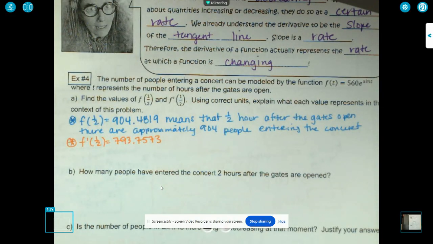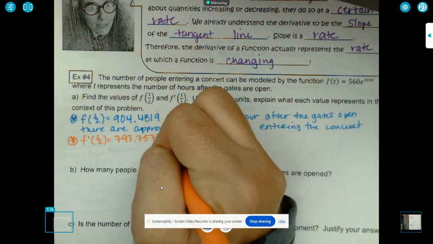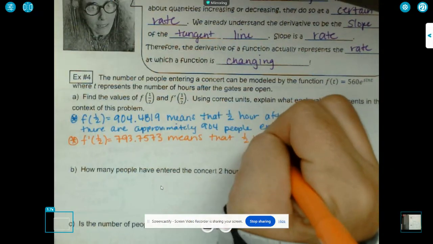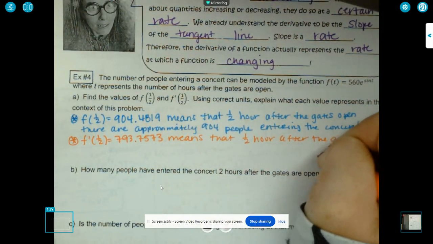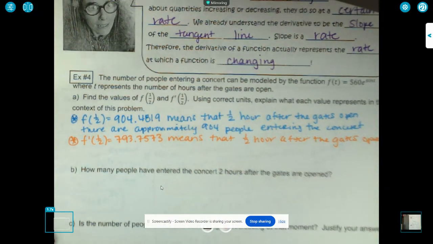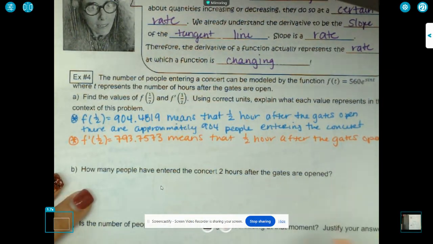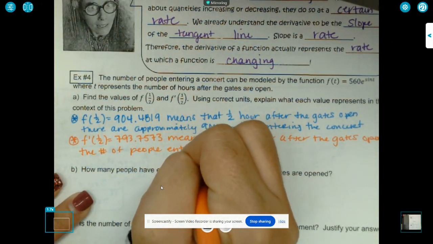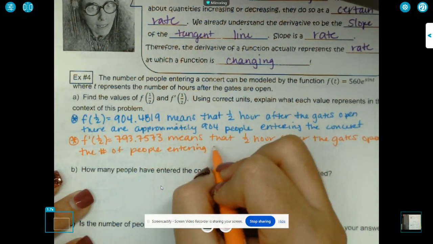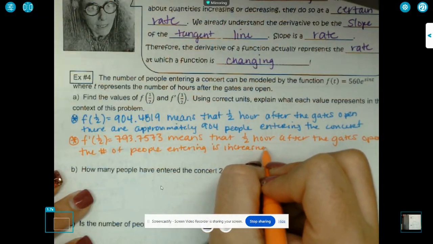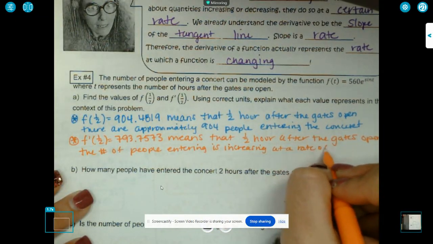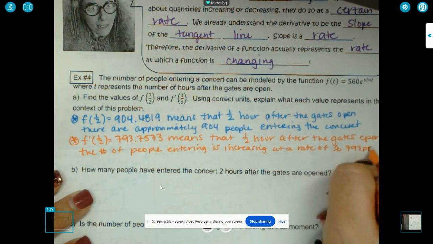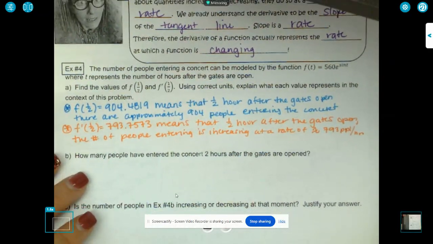So that means that half hour after the gates open, the number of people entering is increasing at a rate of approximately 793 people per hour.